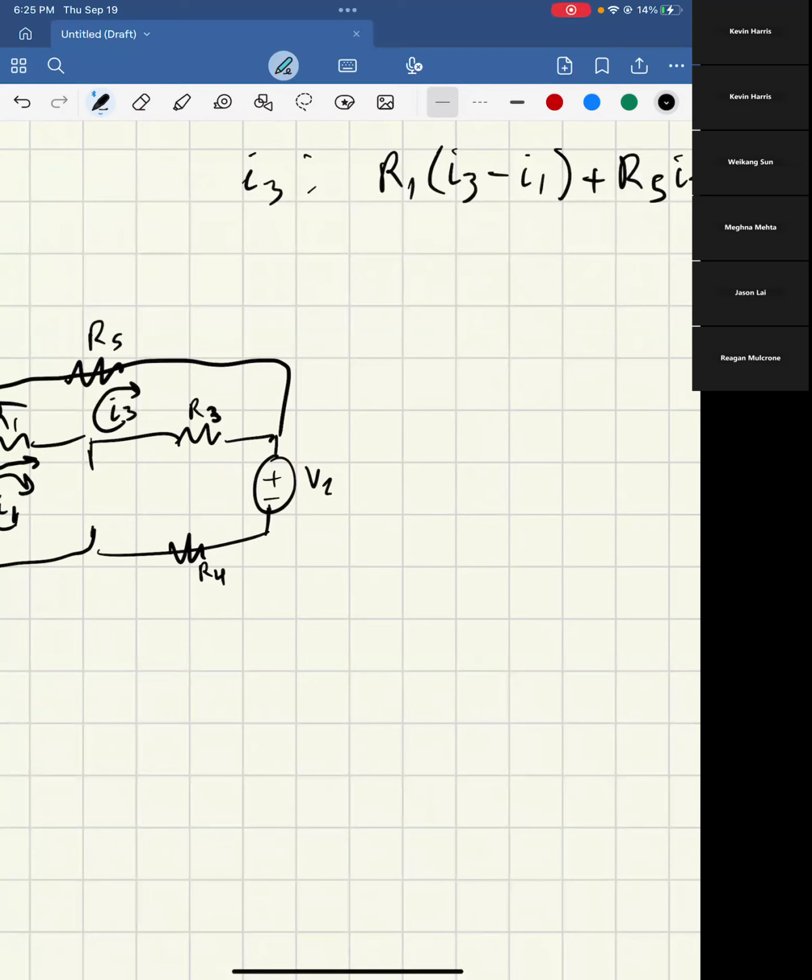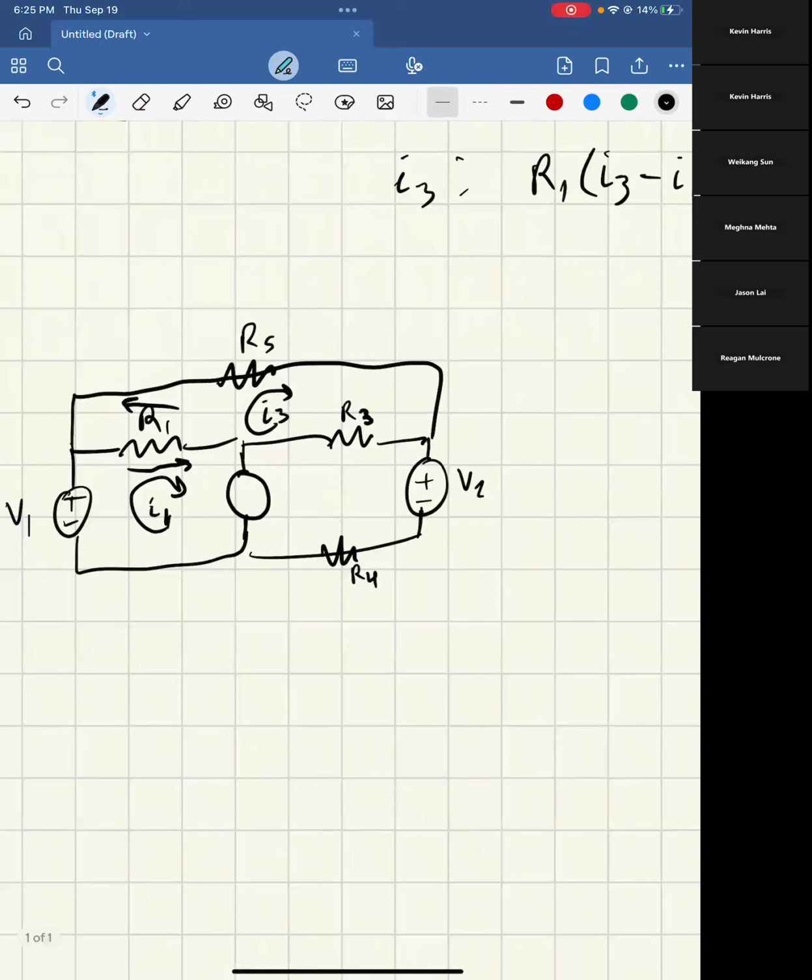So let's say we had a current source in the middle. I'll do a normal current source for now, just to make the example a bit easier. I'll call this I.